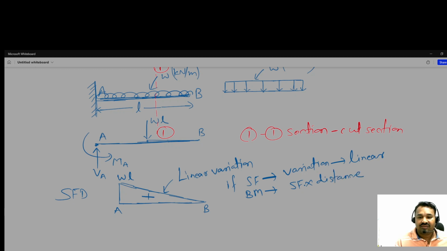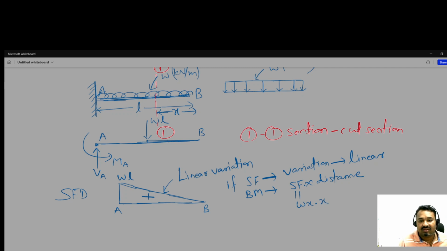Suppose we cut the section, and from B to section 1-1 it is x distance. So what will be our shear force value? It will be wx, and it will be multiplied by x.